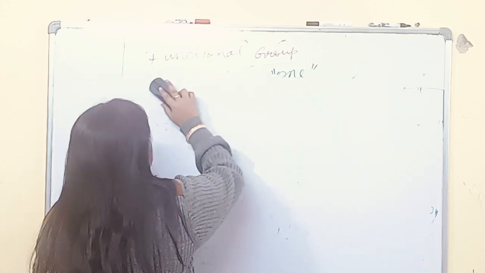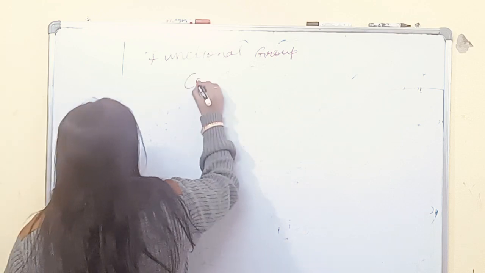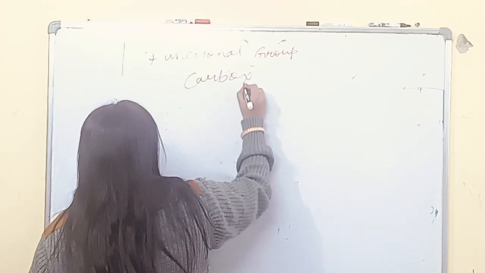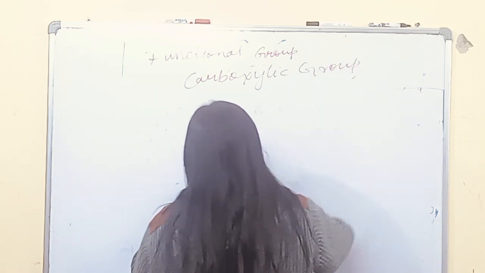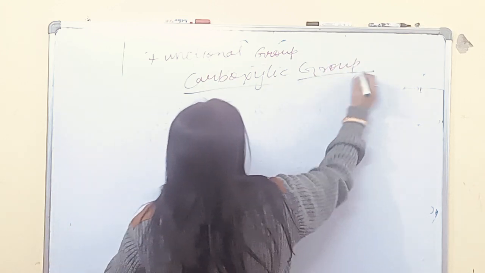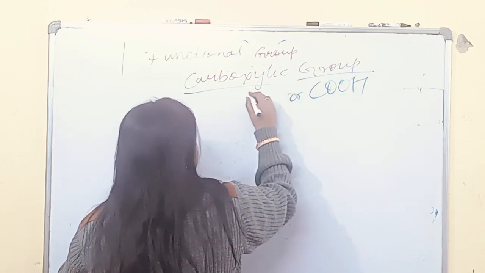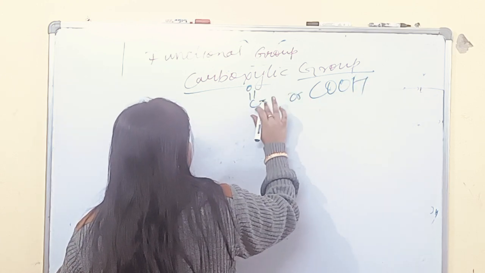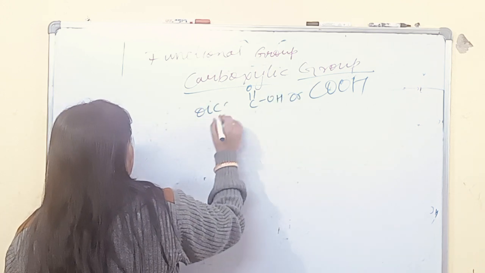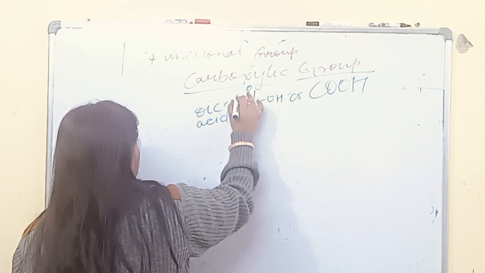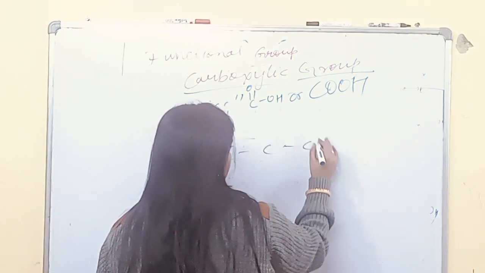Now come to the last functional group, that is the carboxylic group. The carboxylic group is COOH, or C double bond O and OH, and the suffix we use is oic acid. 1, 2, 3.